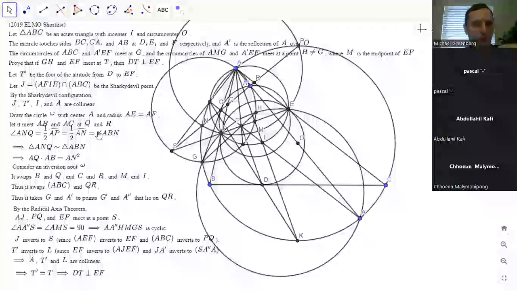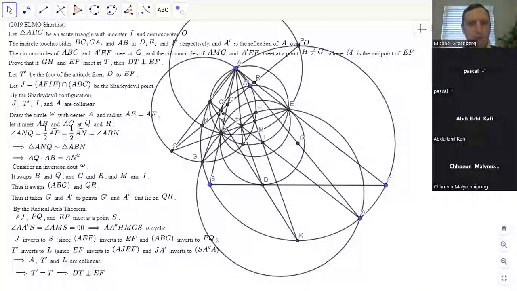And then we have this angle chase, so the inversion takes ABC to this line, because it takes B to a point on that line, C to a point on that line. Okay. So it takes G and A double prime to two points on that line.